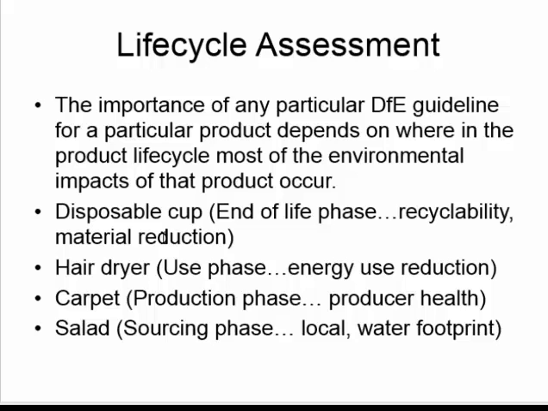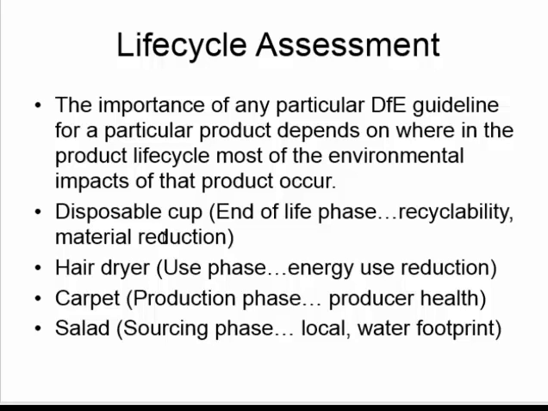Other products have bigger impacts during the production phase. For example, things like carpet, where we're using a lot of solvents and a lot of petroleum products and so on. We're going to want to think about the impacts of those materials on employees, and can we pick better materials? Can we simply eliminate certain solvents, certain glues, things like that.